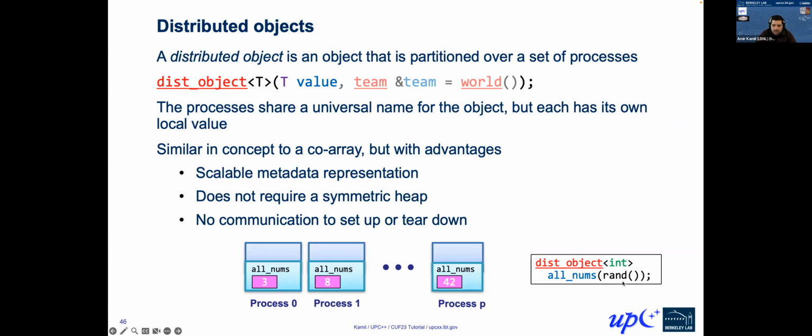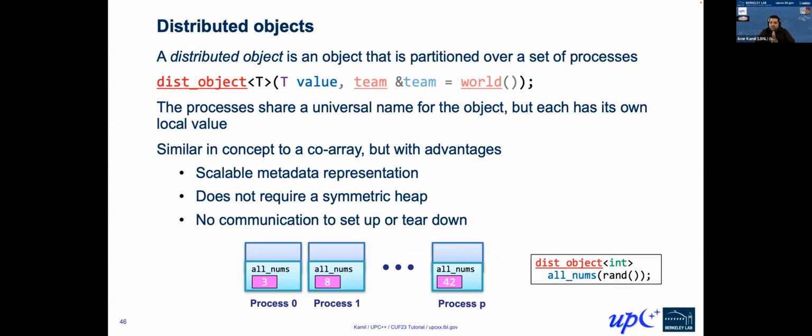In the constructor, I provide the value, which is just a random value on each process. And so what we have is, amongst the processes, each process has an integer value that's underlying this distributed object. This is similar to a Coarray, which you'll see in Damien's presentation later today.